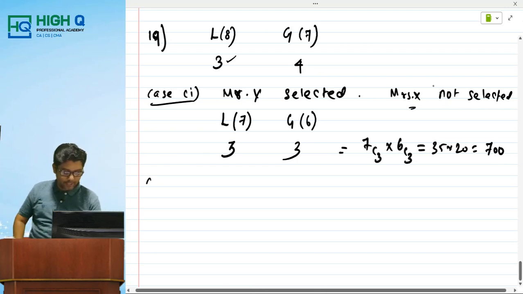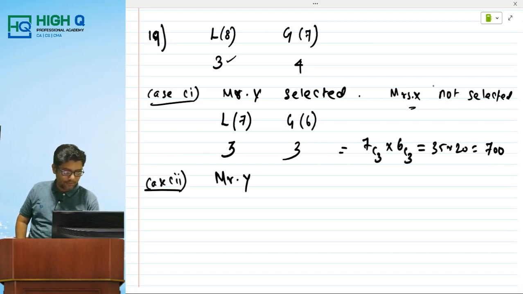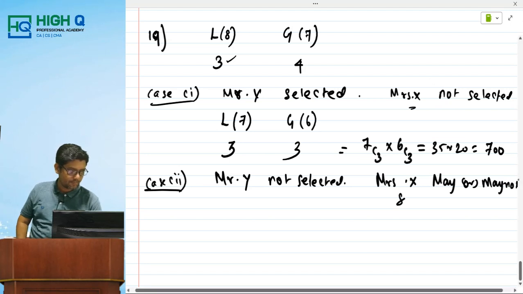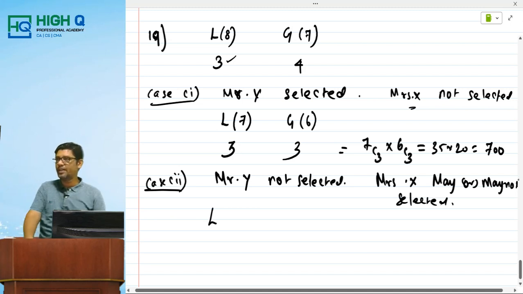What is case 2, my dear? Mr. Y not selected. Now tell me, how many ladies are there in the committee? Sorry, total number of ladies, how many available? 8.